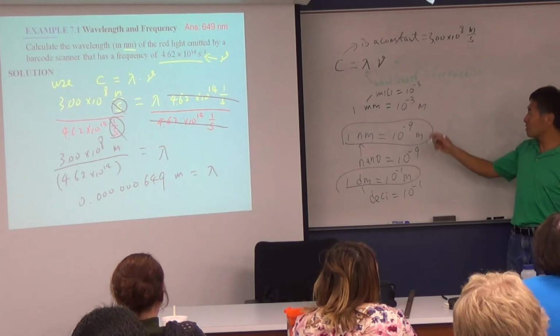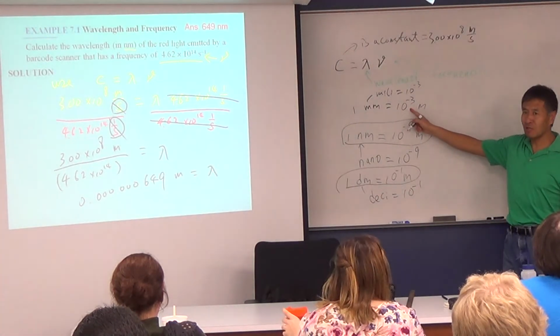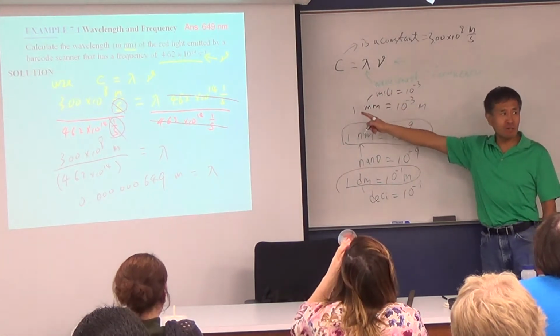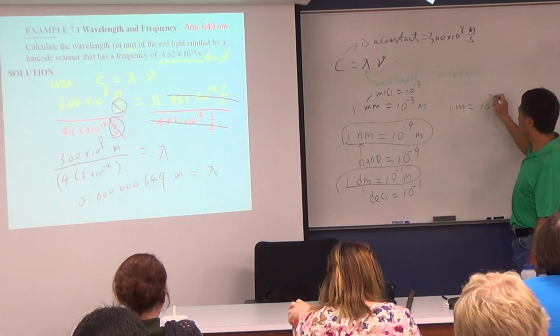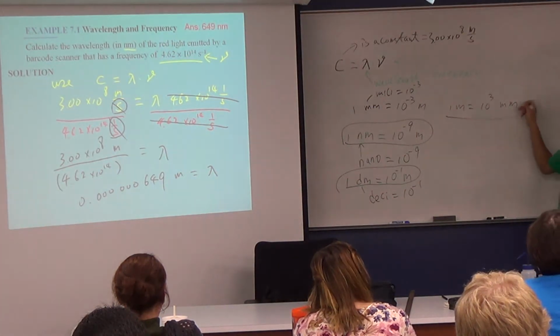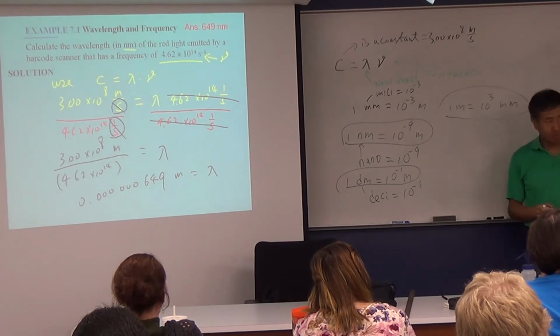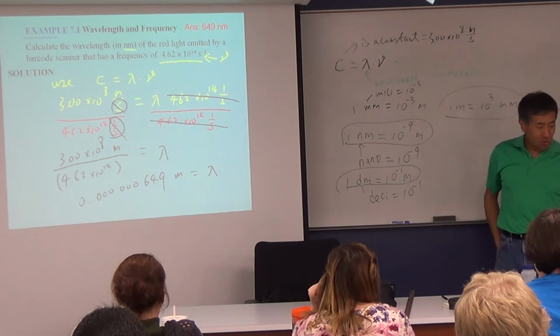Even though sometimes they look strange, you can multiply by 1,000 here, multiply by 1,000 there, then what you get is 1 meter equals 10 to the positive 3 mm. So those come from some other way.